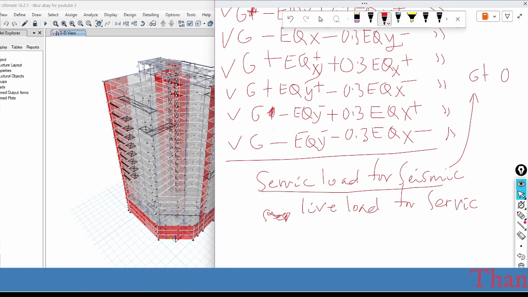That means Q, but the variable load must be reduced by a reduction factor, that is psi 2. So this is what we call the service load for seismic.